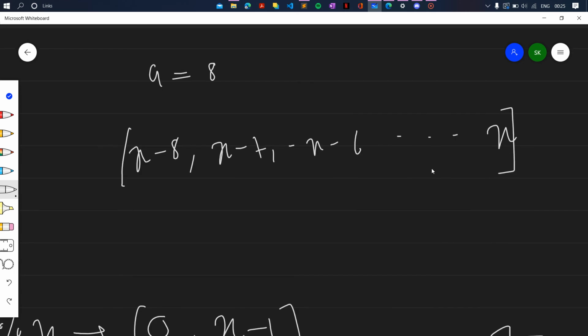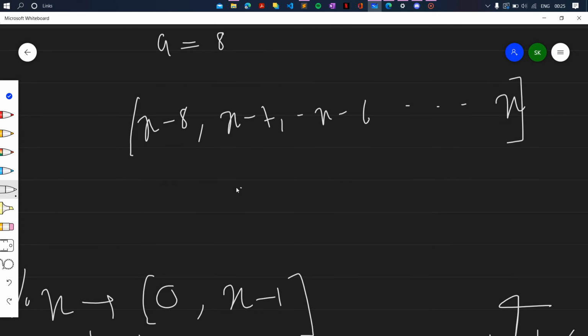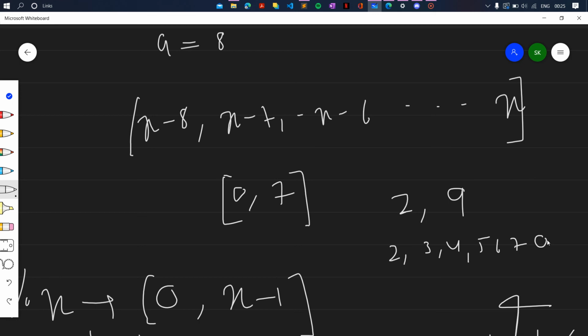In this series, if we take the mod of all these numbers, we'll get a set from 0 to 7 inclusive. That is an observation, because if you take numbers from 2 to 9, for example, for 2 you'll get mod 2, then 3, 4, 5, 6, 7, then 0, and then 1. So you'll get a set from 0 to 7.